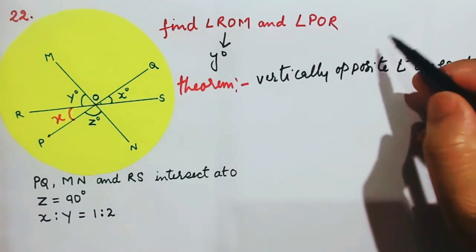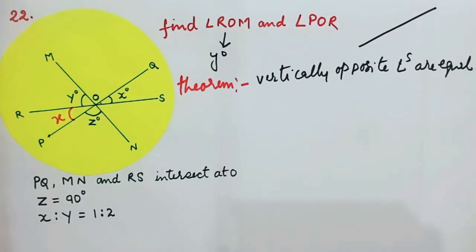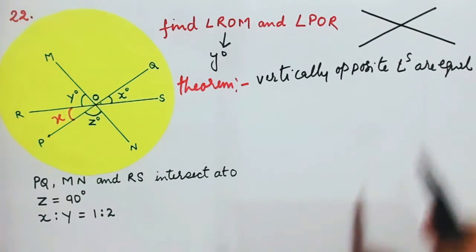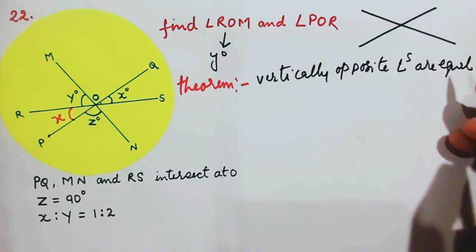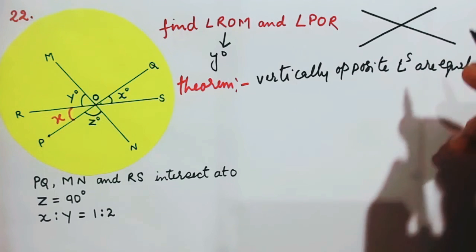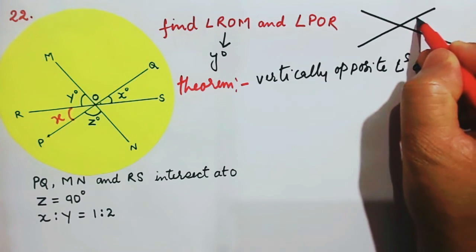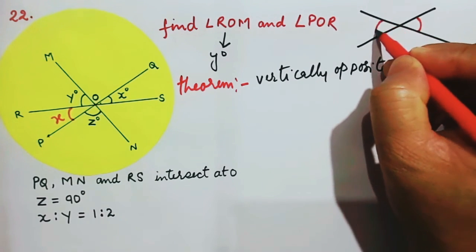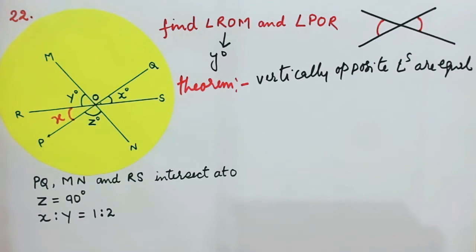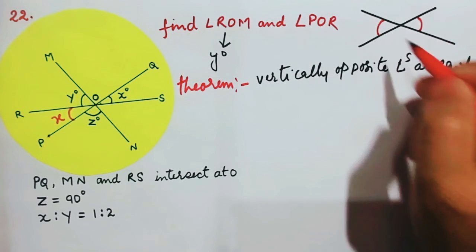When two straight lines intersect, the angles formed on the opposite side of each other are known as vertically opposite angles.